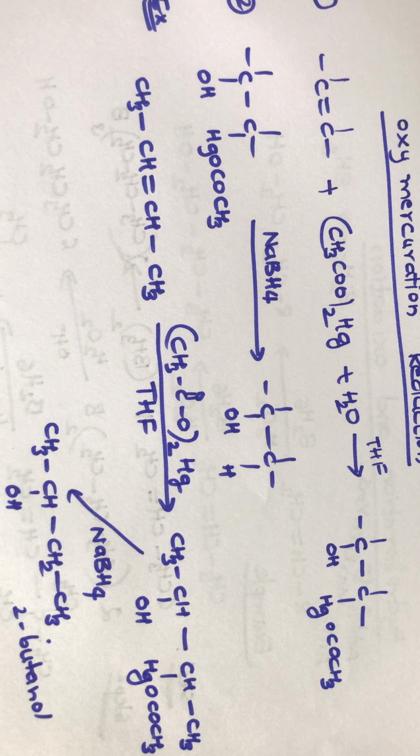Okay, oxymercuration reduction. Let us take other examples. So the total reaction is addition of water only, but according to the Markovnikov rule. Whereas when you use hydroboration oxidation, there also addition of water takes place, but it is anti-Markovnikov addition.